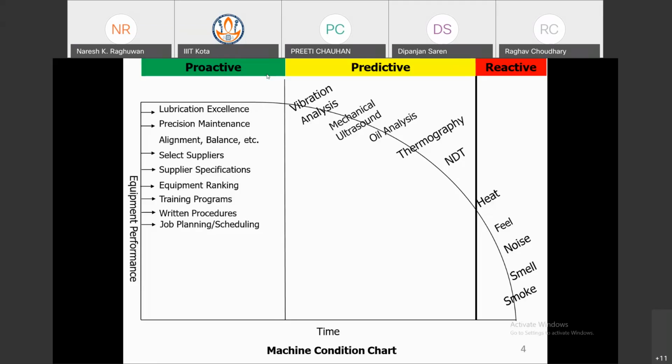Then the mechanical ultrasound, oil analysis, thermography, and non-destructive testing. So these in the middle are the predictive maintenance.